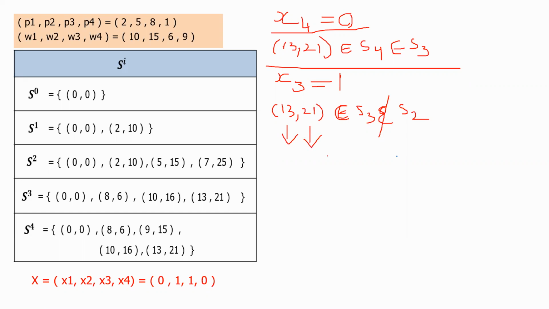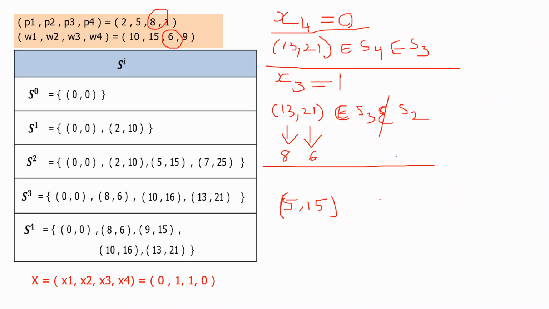From 13, 21 you have to subtract the values of the third object. The values of the third object, you can see here, profit is 8, weight is 6. So I'm going to perform subtraction of 13 minus 8, 21 minus 6. That will be equal to 5, 15. Now 5, 15.